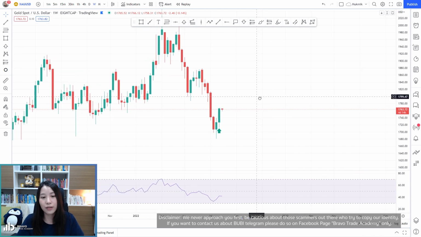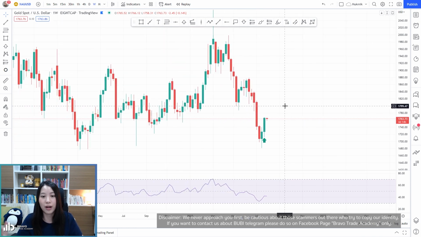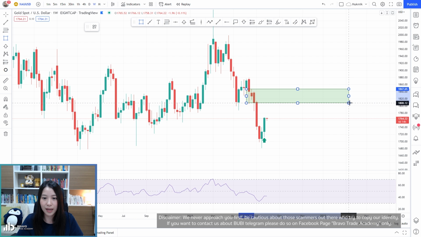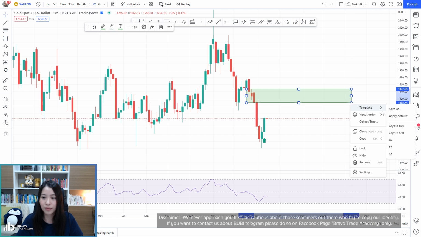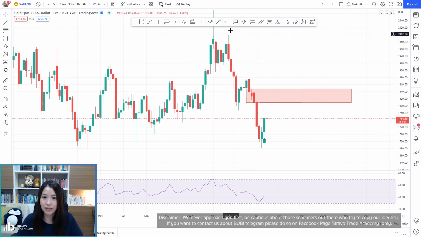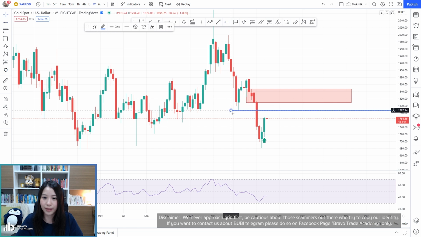However, how do you know how far it could go up? Alright, so we have our supply zone here. You need to be careful about this one also, because this was the support. Once it could not persist over the support, it changes itself into resistance.